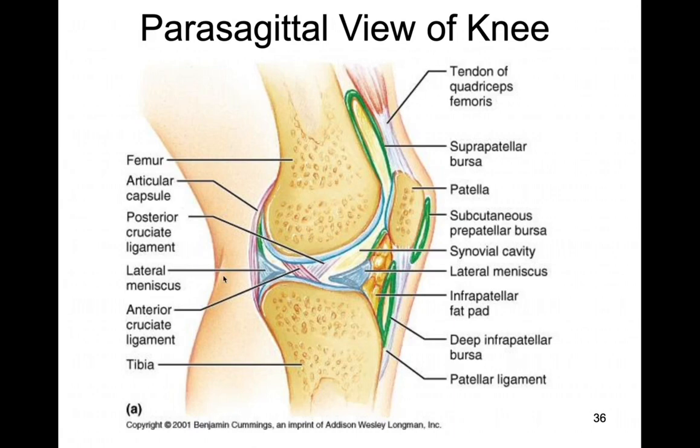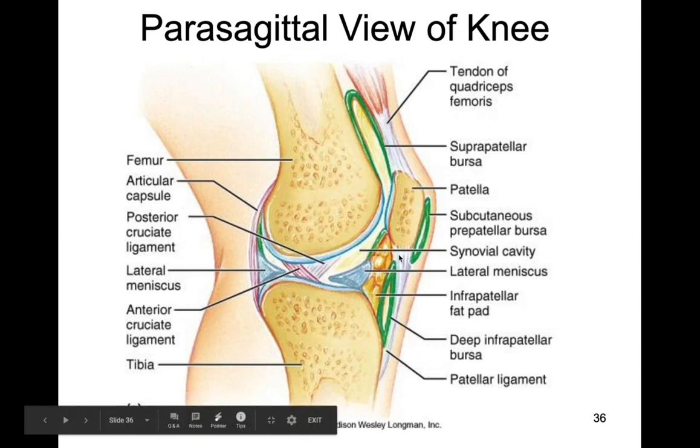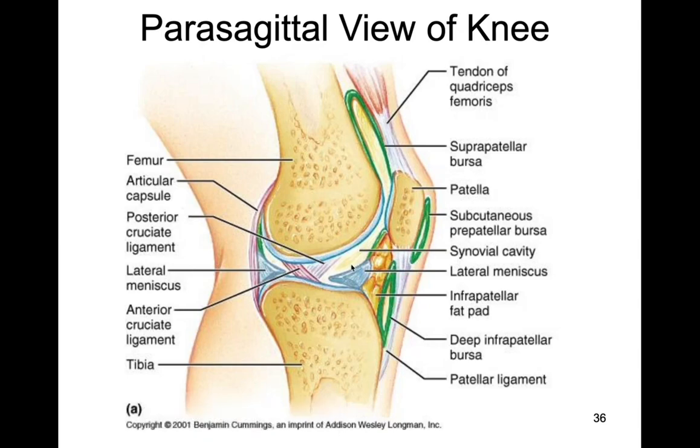So it's kind of at an angle here. So you can see you've got your anterior cruciate ligament, your posterior cruciate ligament. Got the bursa, the quadriceps tendon, the subpatellar bursa, the deep infrapatellar bursa, patellar ligament, the synovial cavity, and the lateral meniscus, help holding things into place.